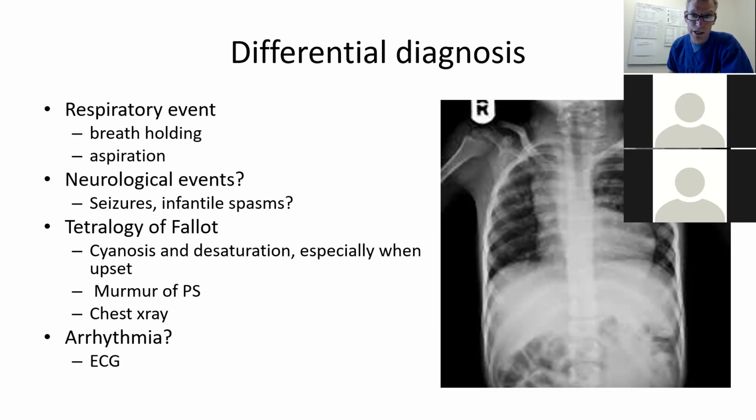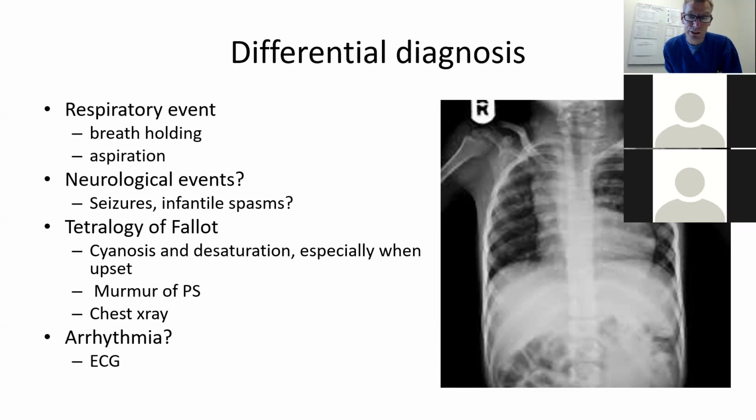That steals blood away from the lungs, and the lungs don't look like they've got normal vascular markings. The vascular markings of the lung are because of pulmonary blood flow, and that's a normal phenomenon. If you've got what we call oligemic lung fields, then the lungs will be very black and translucent.